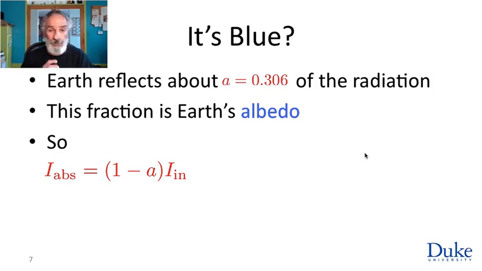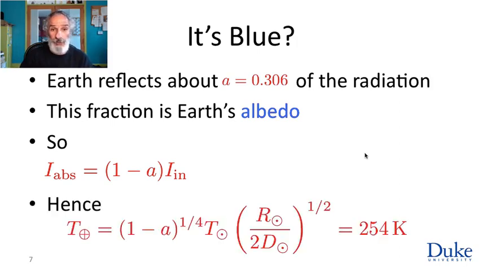That's what the Stefan Boltzmann law tells us. Since the power radiated is proportional to the fourth power of the temperature, to reduce the emitted power by a factor of about 2/3, we'll have to reduce the temperature of Earth by a factor of about 2/3 to the 1/4 power. So the T to the fourth is 2/3 of what it previously was. Inserting that, we find a prediction for Earth's temperature of 254 Kelvin.